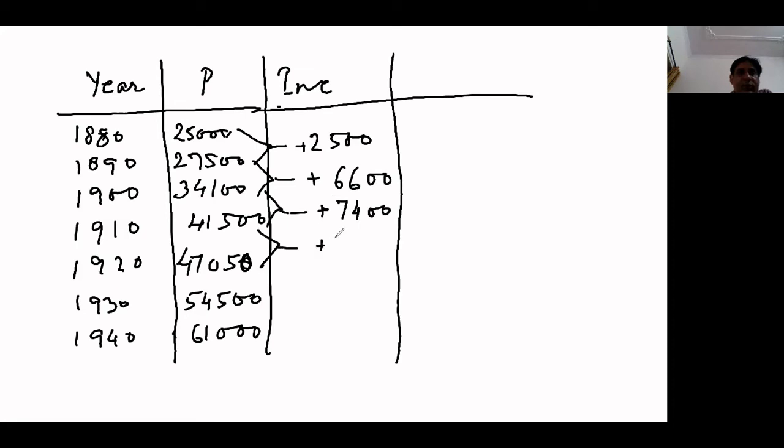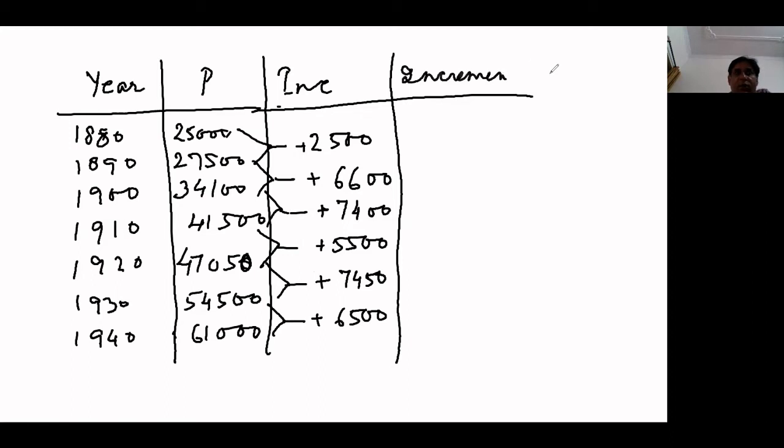It would be plus 5,500. 7,450. 6,500. Now we would calculate the increment over increase, right?